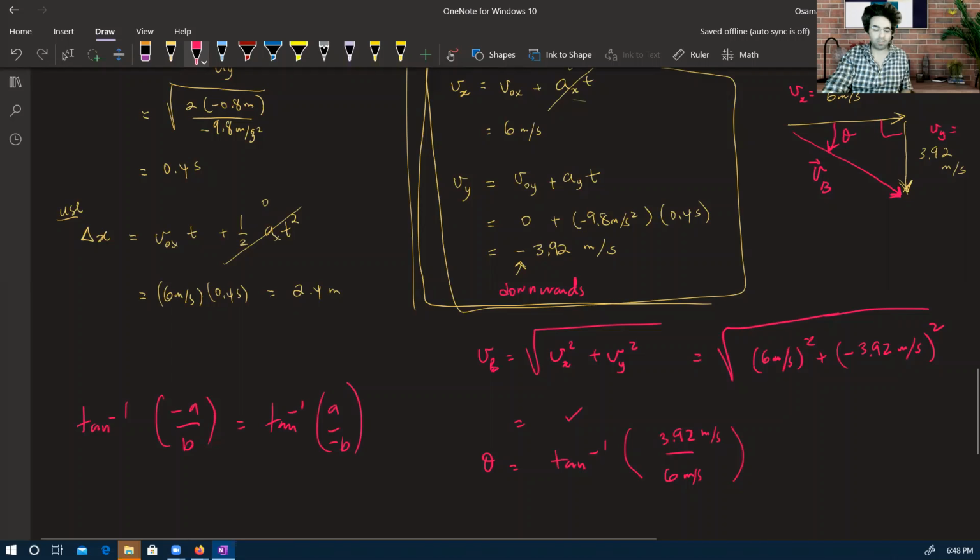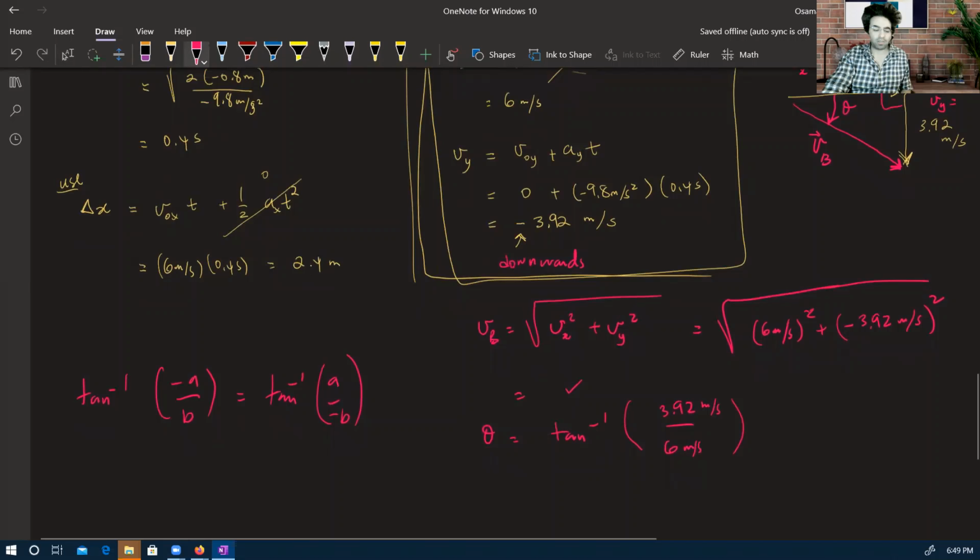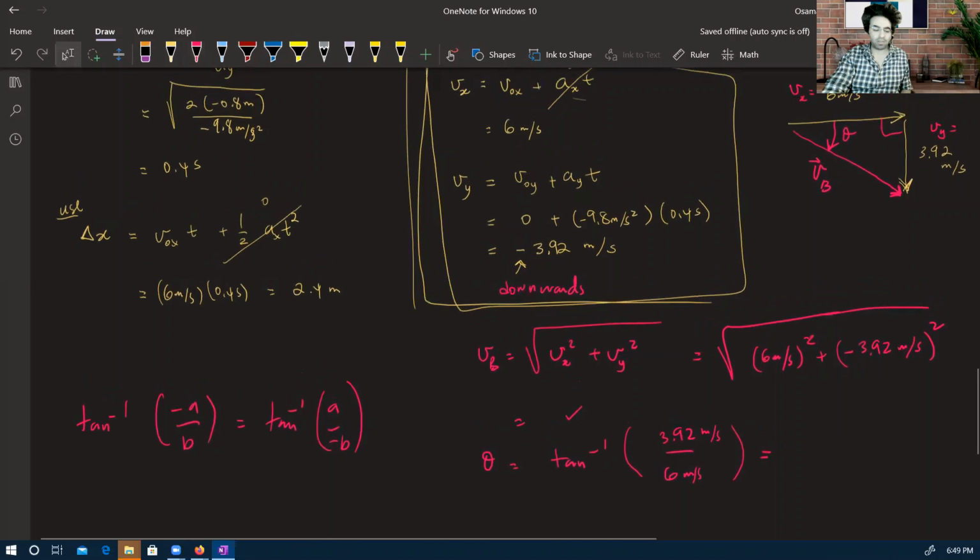So I'm going to draw it right and down, and then calculate it as if all of them were positive, find out what the angle is, and based on that, I can say the direction is this many degrees below the horizontal. Everybody can agree on that. If you start from the horizontal like this and go below the horizontal, then you can report this angle. And that's how you would report the magnitude and the direction of the final velocity.